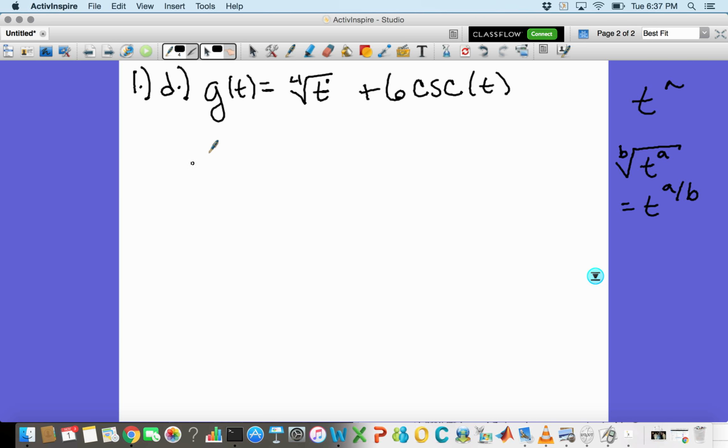And that's exactly what I'm going to do. So let me rewrite g of t as t to the 1/4 power plus 6 times cosecant t.